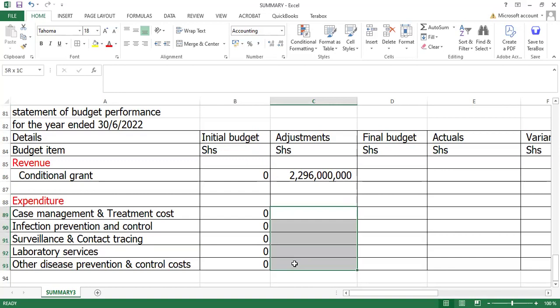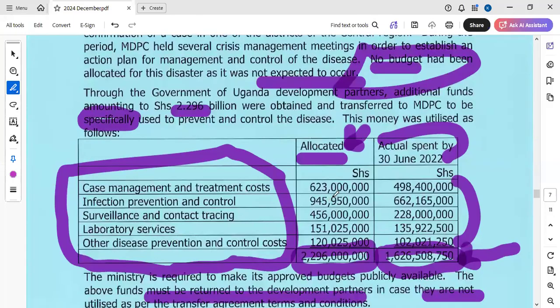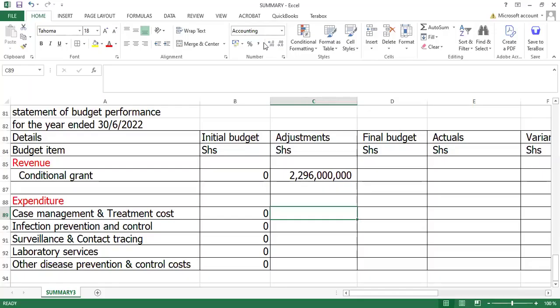You are allocating the money you received. Now, when you go to the question, you see that you are allocating this. So this is part of what you're going to put in your adjustment.